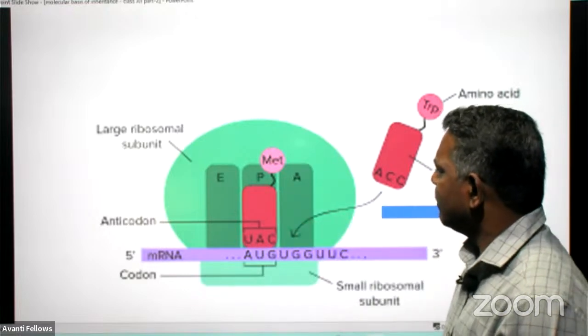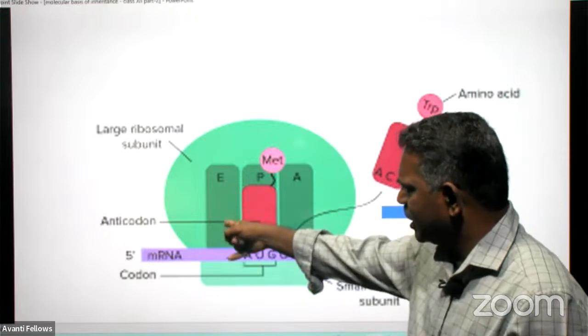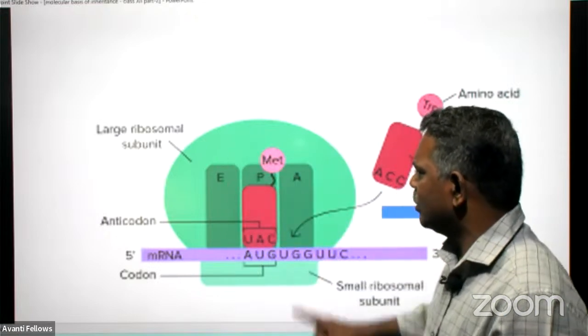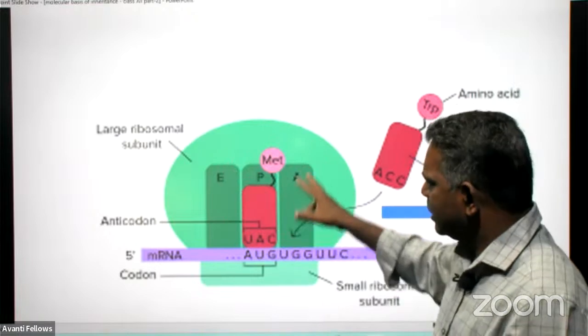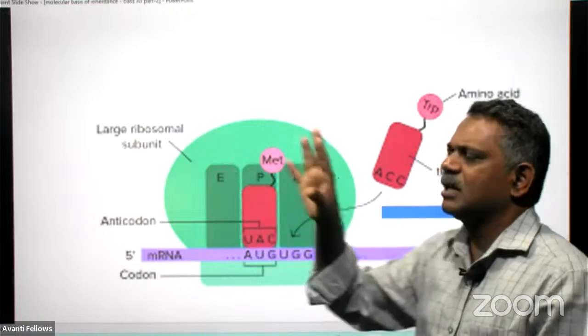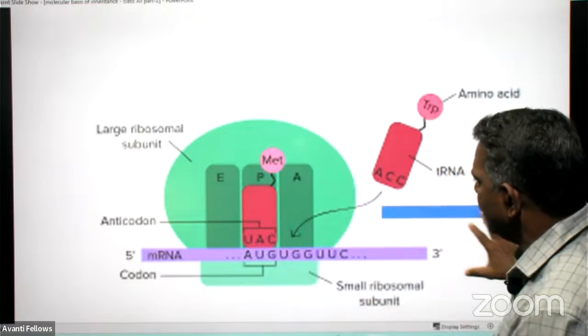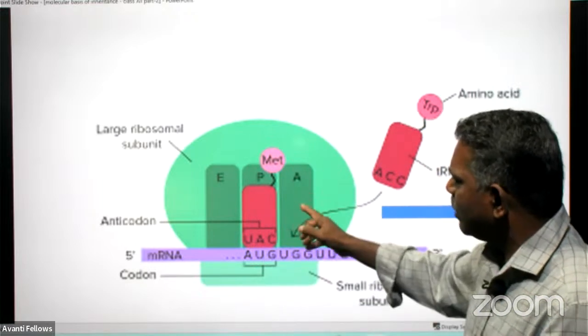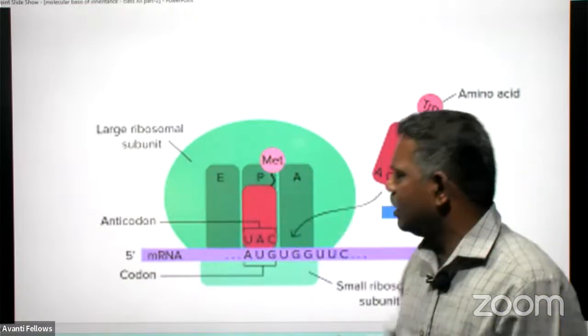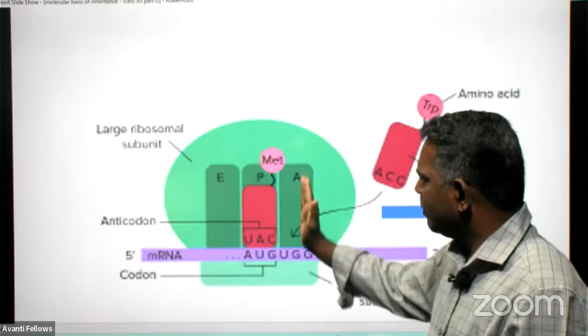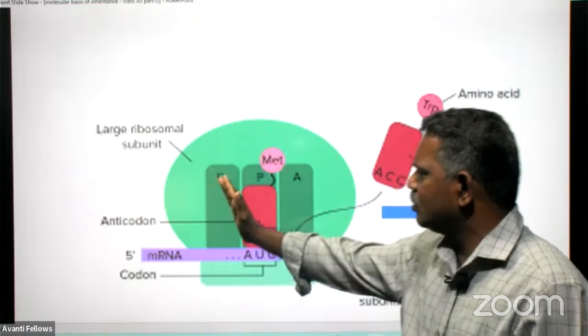The tRNA present in E is not connected to methionine or any amino acid, but the tRNAs in the A and P sites are connected to amino acids. Whenever it moves a little forward, another one will be placed. There will be a movement of the tRNA from the A site to the P site, then the P site to the E site.